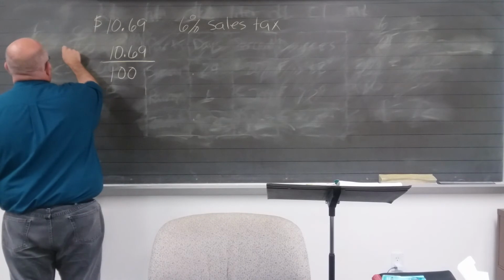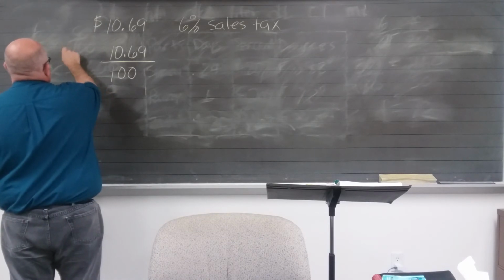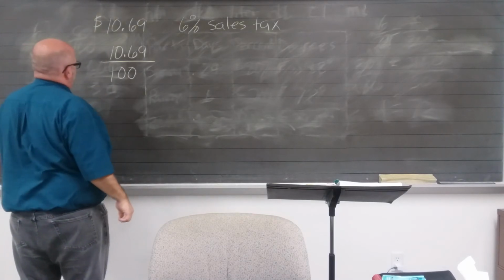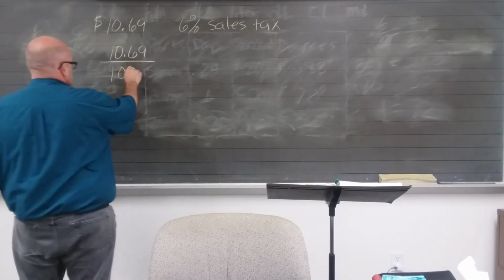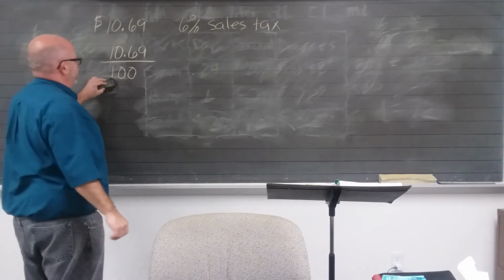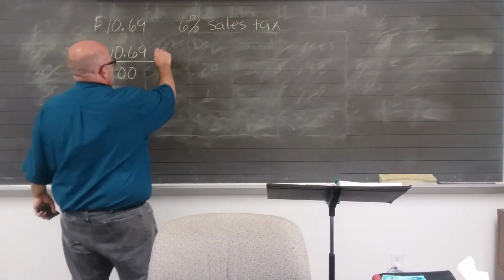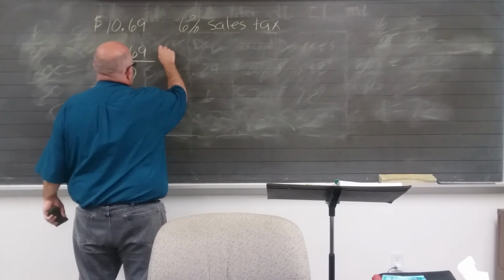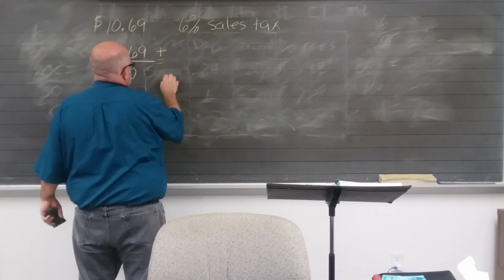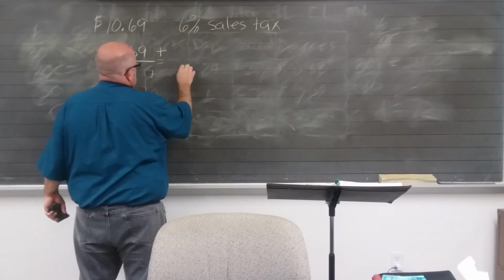So here you have total or money, but it's over 100%. $10.69 over 100%. You're adding 6%.